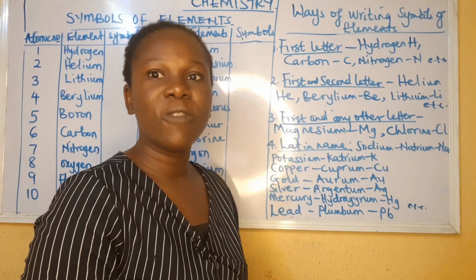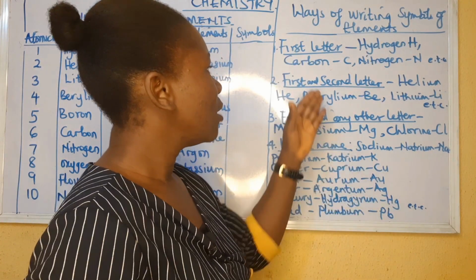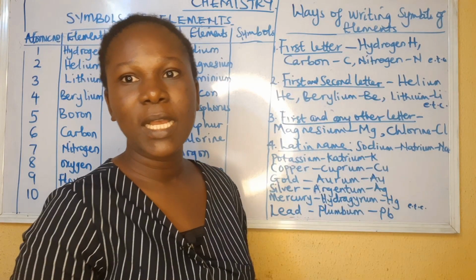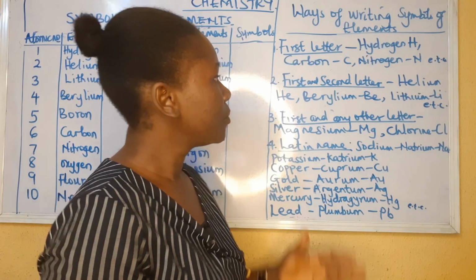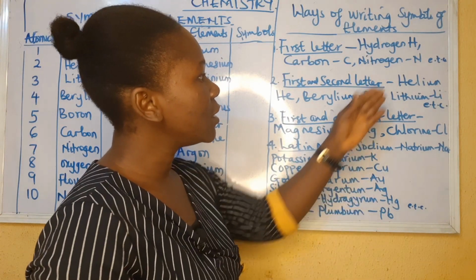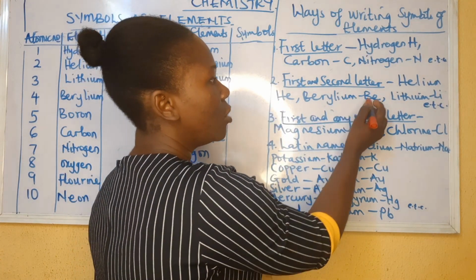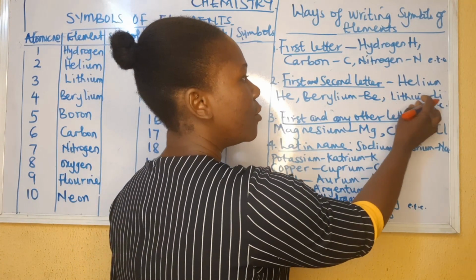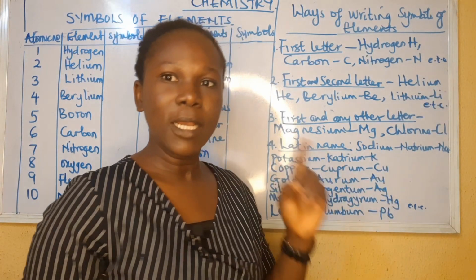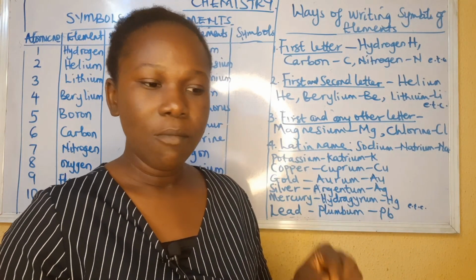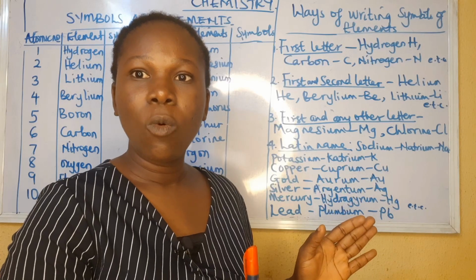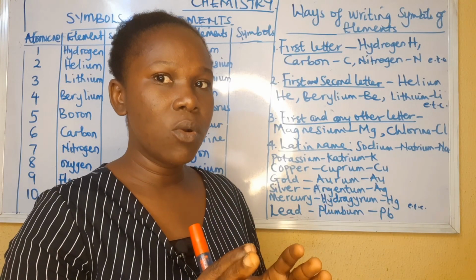We have another way of writing symbols of elements, which is the first and the second letter of that element's name. So a very good example here is helium, He, beryllium, Be, lithium, Li. But take note, the first letter must be written in capital letter, while the second one must be in small letter.